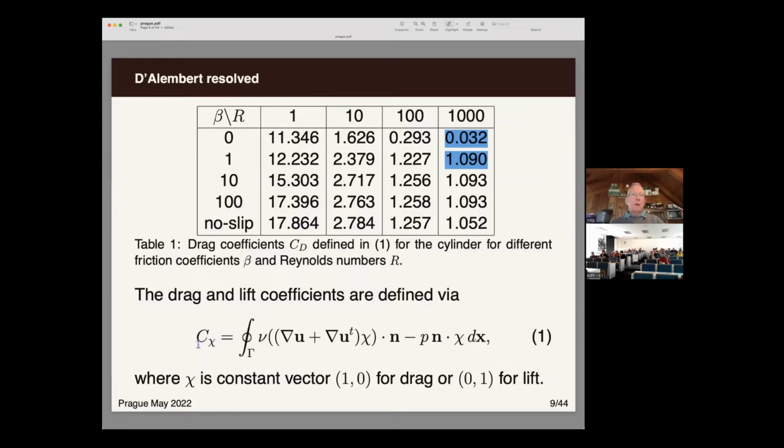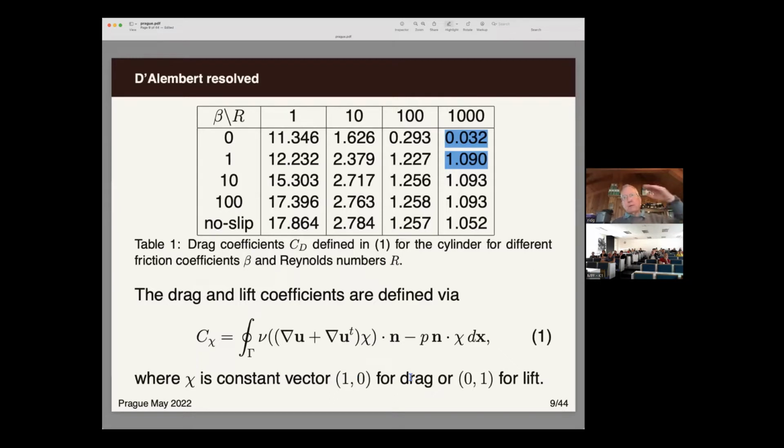So what we're measuring here is called the drag coefficient. This drag coefficient can be defined in terms of this integral. So it's just the symmetric gradient of the velocity times the viscosity minus the pressure, and you've got a directional vector chi, which is 1, 0 for drag.